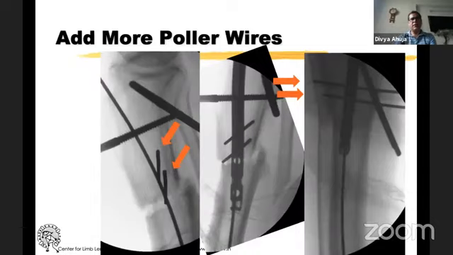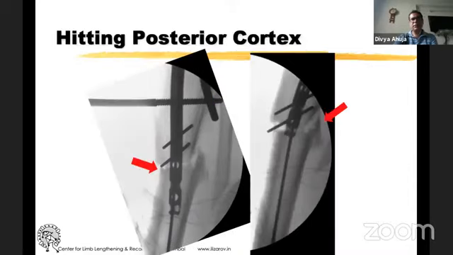Here now in the sagittal view, we were encountering issues when we were passing the nail, that it was hitting the posterior cortex initially. So we added more polar wires there. The orange arrows are showing the polar wires. But then when the nail was crossing the osteotomy, it was tending to pass eccentrically.